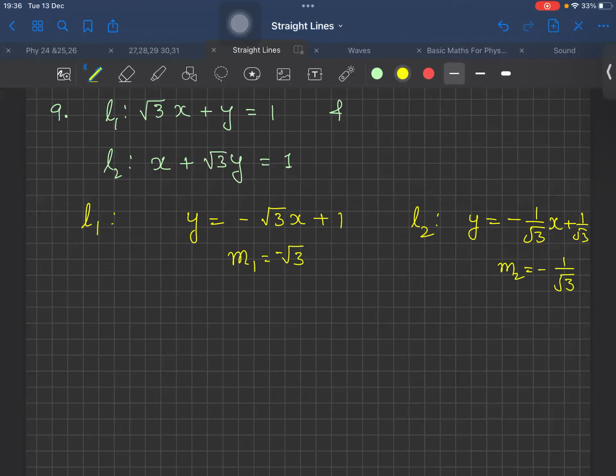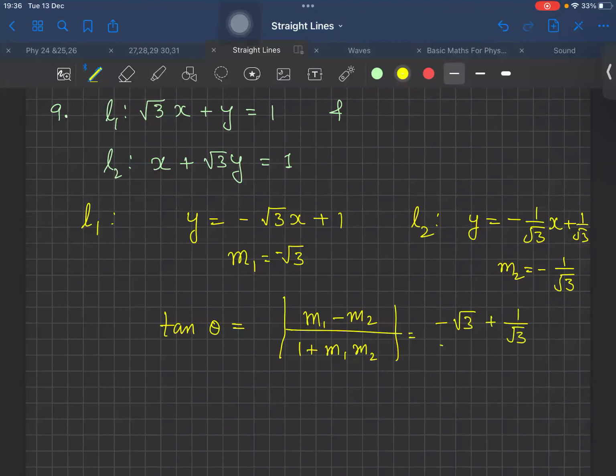So angle between this is tan theta, right? Tan theta will be equal to modulus of M1 minus M2 divided by 1 plus M1 M2. So that means always you have to take the positive value, right? M1 is minus root 3, minus of minus 1 upon root 3, so this will become plus, and 1 plus root 3 into 1 upon root 3.